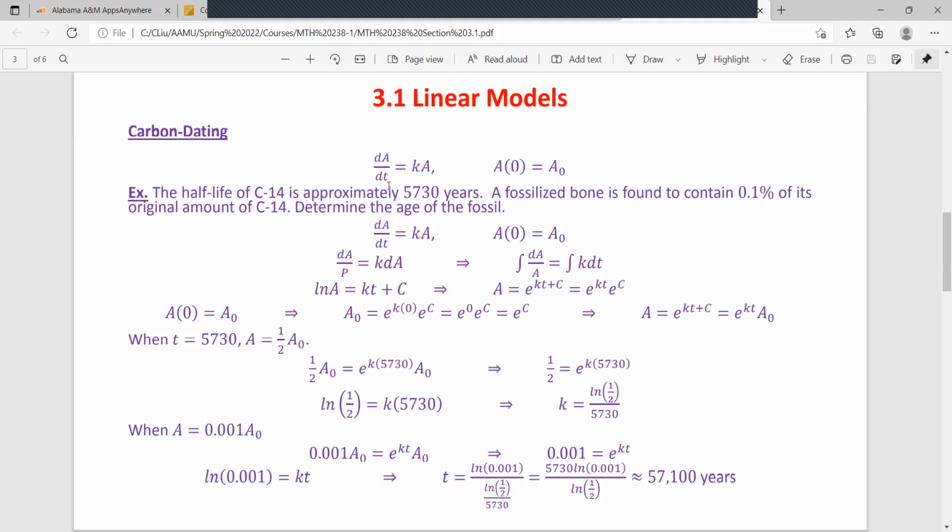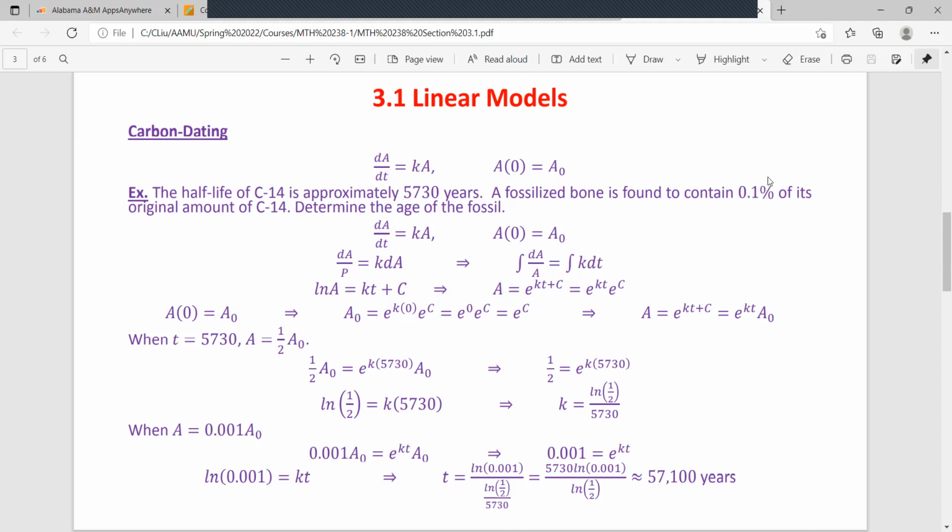Okay, so that means after 5,730 years, the amount of carbon-14 becomes half of its original amount. So if it decays a long time, then the amount becomes only 0.1%.